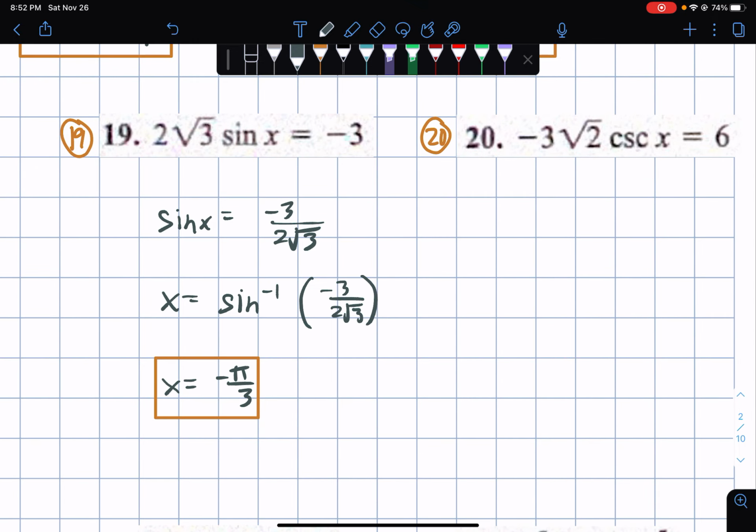For number 20, negative 3 times the square root of 2 cosecant x is equal to 6. Cosecant x is equal to negative 6 divided by 3 times the square root of 2. X is equal to the cosecant inverse of the mentioned value.